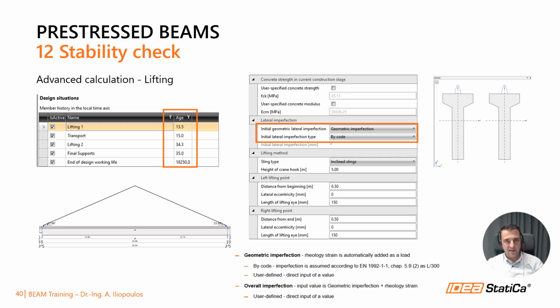For inclined slings, it is also necessary to specify the height of the crane hook used to define the lifting angles, and the additional normal force from the sling. We can also select how the initial geometric imperfections will be considered, whether it will be done automatically by code, or alternatively we can input our own value.